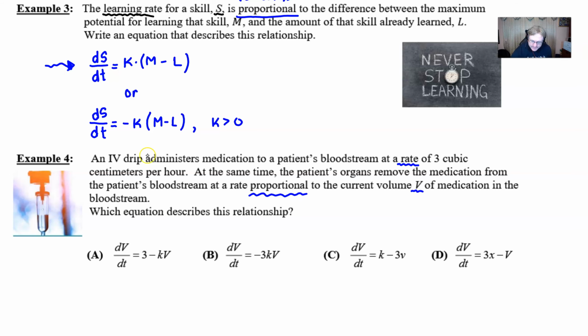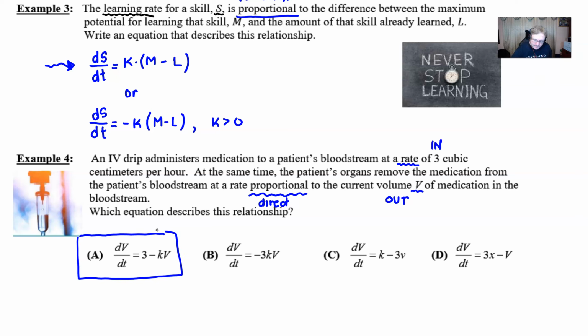So we know that this rate is changing by a constant of 3, because that's the amount that's going into the bloodstream. But then we have this outward flow that's proportional to the current volume V. Well, proportional implies direct proportionality, and it's always going to subtract out. It's always in minus out, and that is going to lead you to this answer, A.